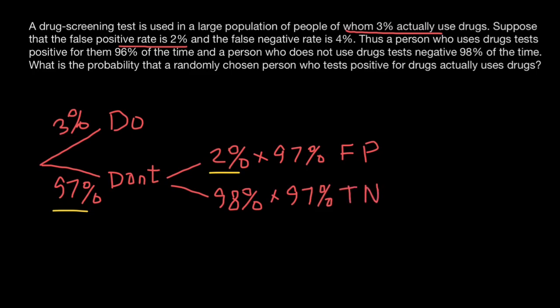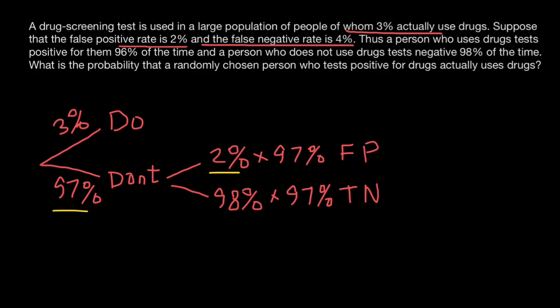Let's read our problem again: the false negative rate is 4%. So who is going to be false negative? Those people who use drugs, but due to inaccuracy of the test, 4% would be false negative. They use drugs, but the test shows as if they don't use drugs.